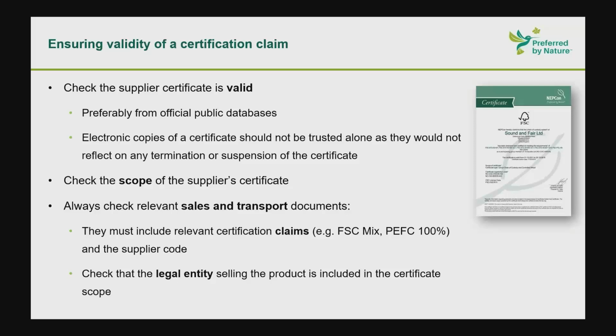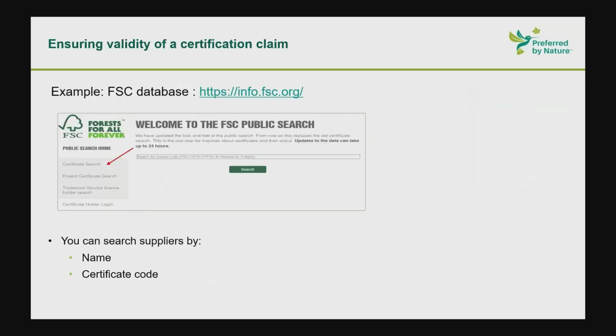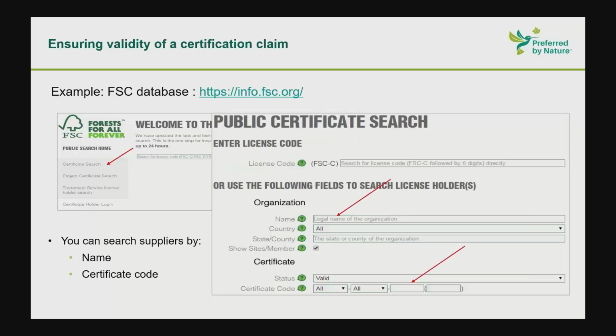That's how you could say that a product is linked to a certified system and to a certified forest, right? Yes, so checking sales and transport documents is quite important. And that's just a few examples about the FSC public database, where you can quite easily do a search on certificates, inputting either the certificate code or the name of the company you are checking.